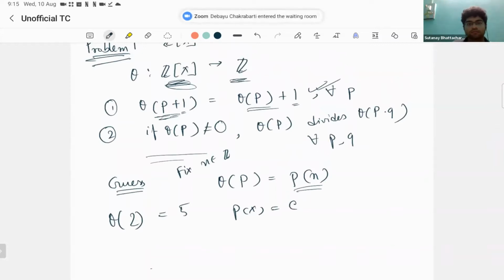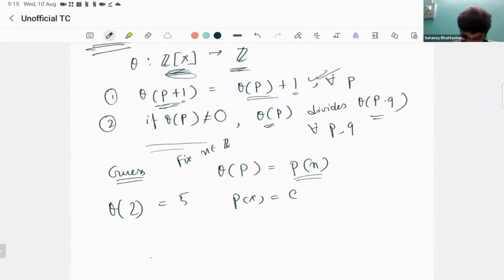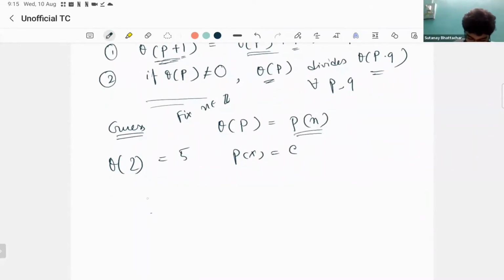Good observation. If we take both p and q to be constant, that's also a good idea. That basically says whenever a divides some other integer b, that means theta of a divides theta of b.